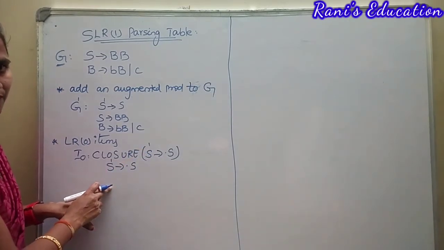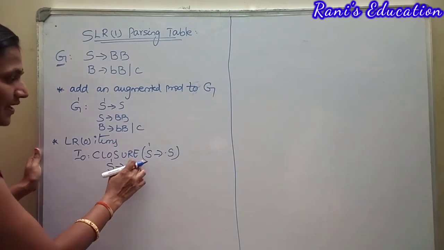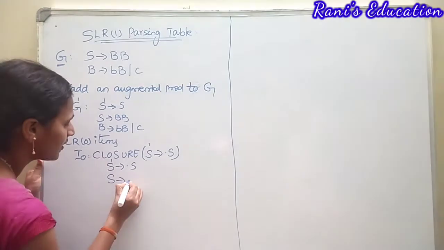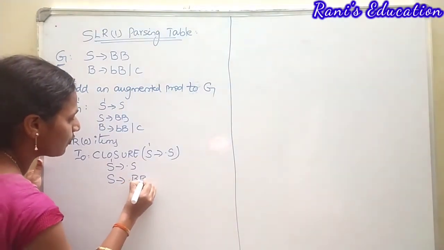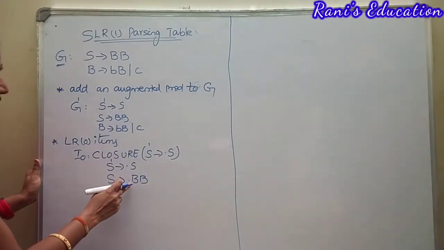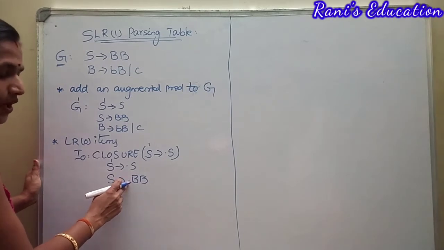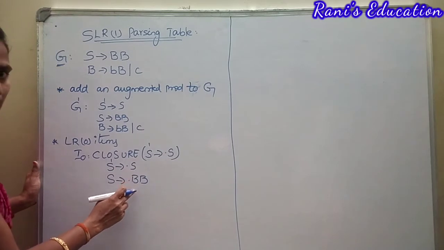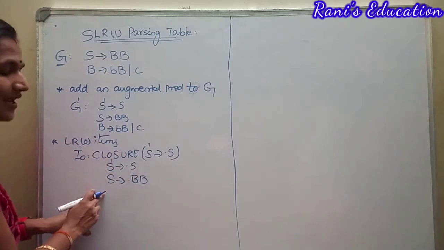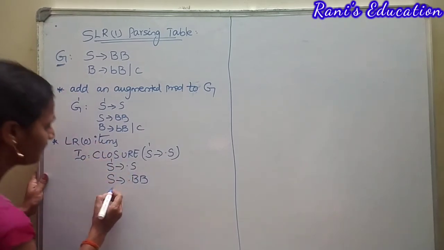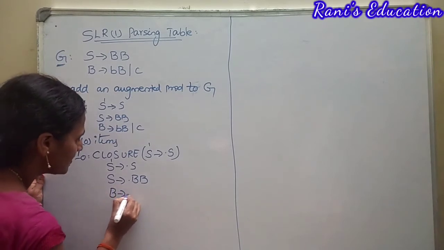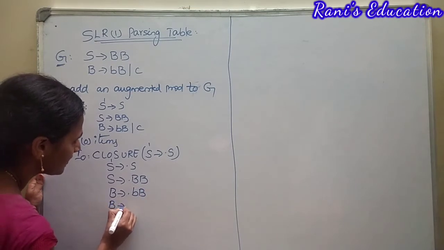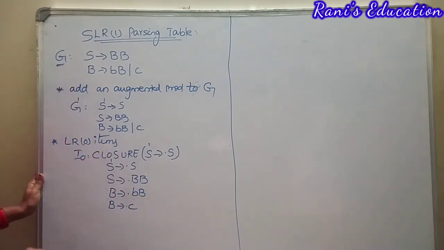The production for S is S → .BB. After the dot there is the non-terminal B, so we include the B productions in I0: B → .bB and B → .c.